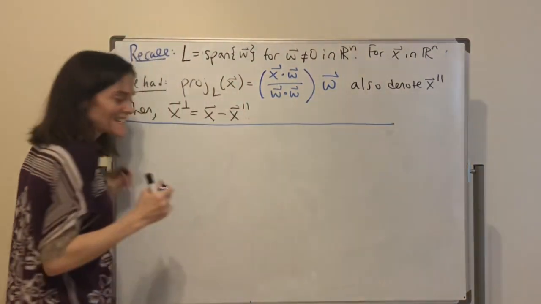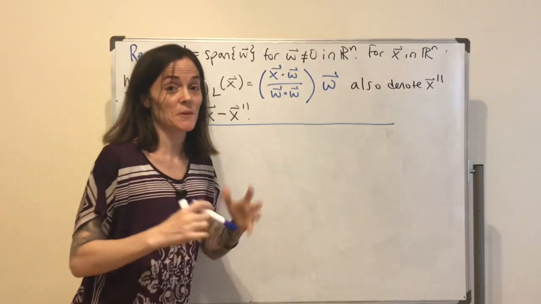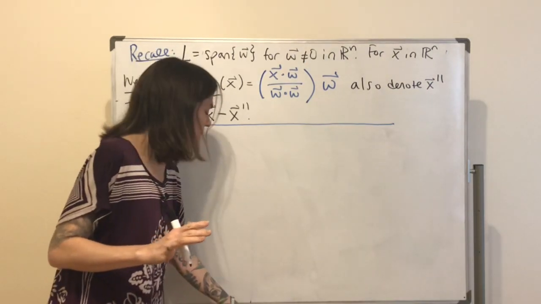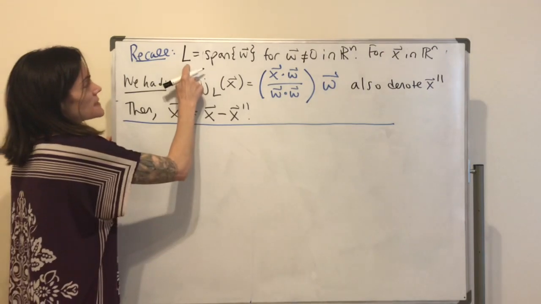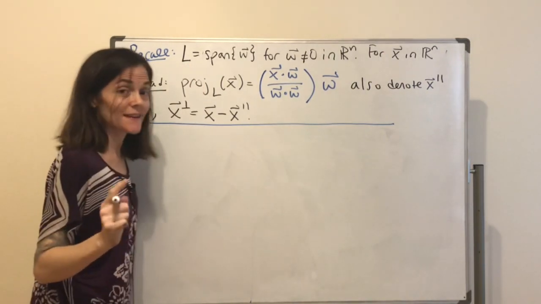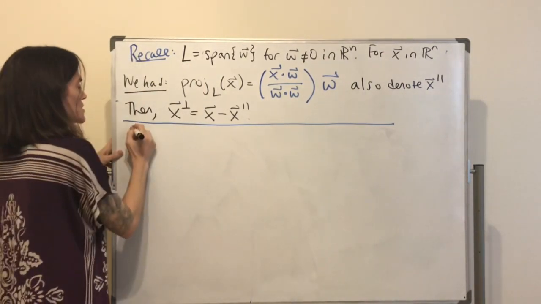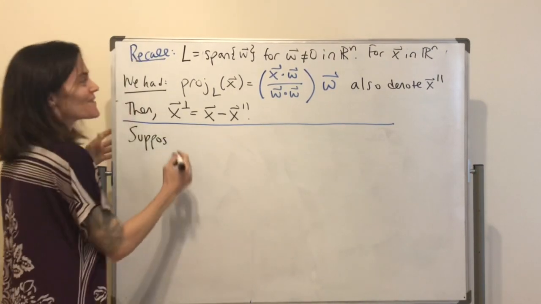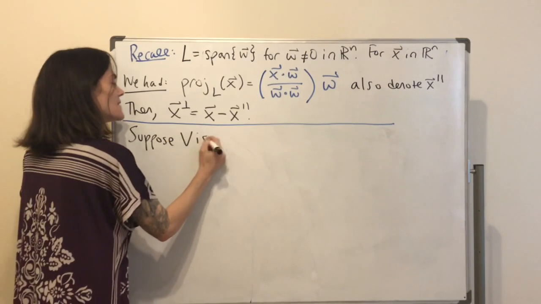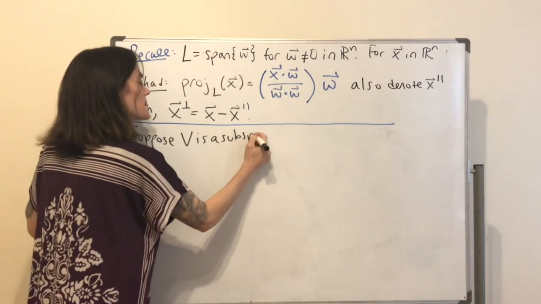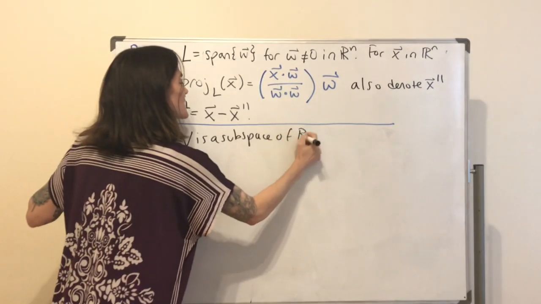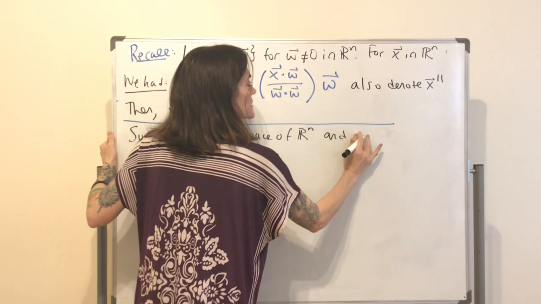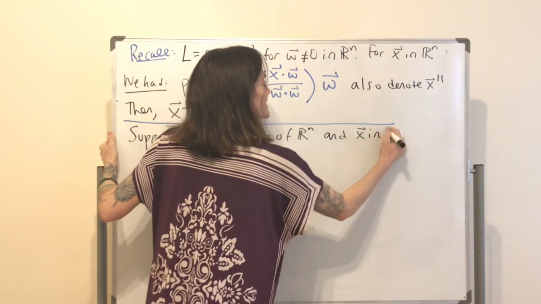Well, what am I changing now, or what is the orthogonal projection we're talking about now? Well, it's not all that different, in fact. This is a one-dimensional subspace in Rn, and all we're changing is we're taking any subspace of Rn. So suppose V is a subspace of Rn. And we have some vector X in Rn.